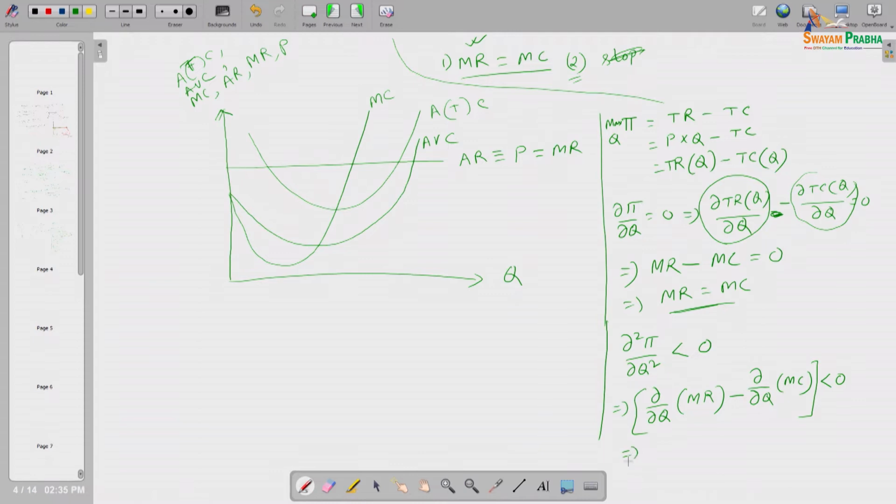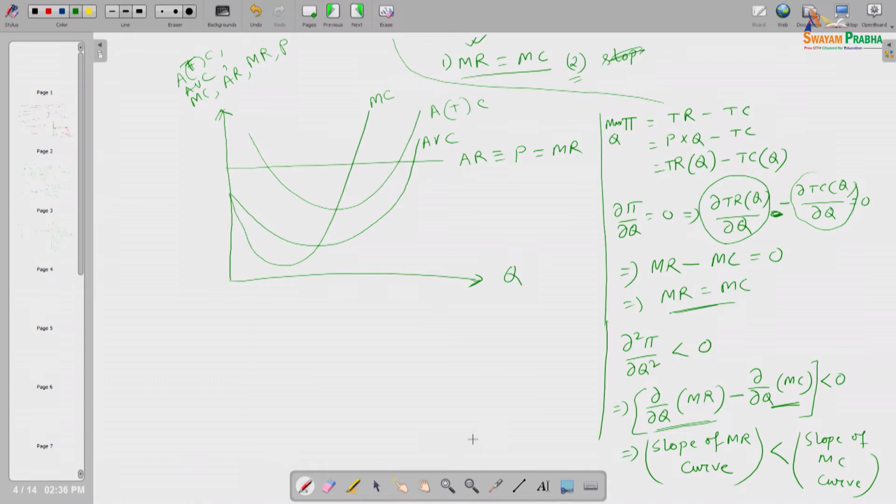This implies del q of MR, the slope of the marginal revenue curve, because on the horizontal axis we are measuring quantity, and this is the slope of the MC curve in the same way. So, this minus that is less than 0, so the slope of MR must be less than the slope of MC curve. This is the second order, or sufficient, condition for profit maximization.